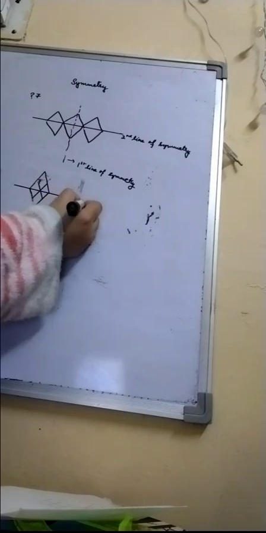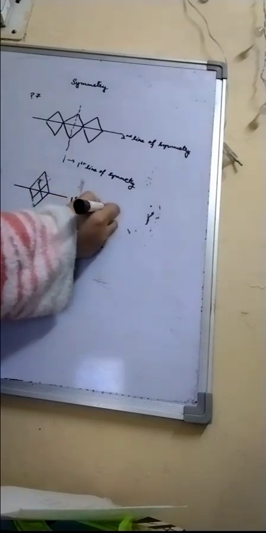Now from where would you find the line of symmetry? One would be, of course, the horizontal one. If you draw a horizontal line like this and fold it along this direction, the upper portion will totally overlap the lower portion. So this is the first line of symmetry.